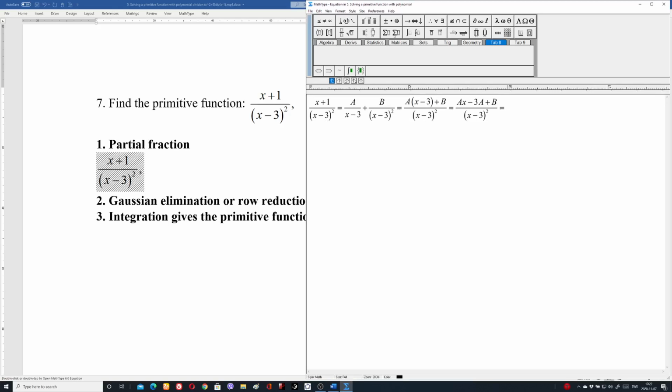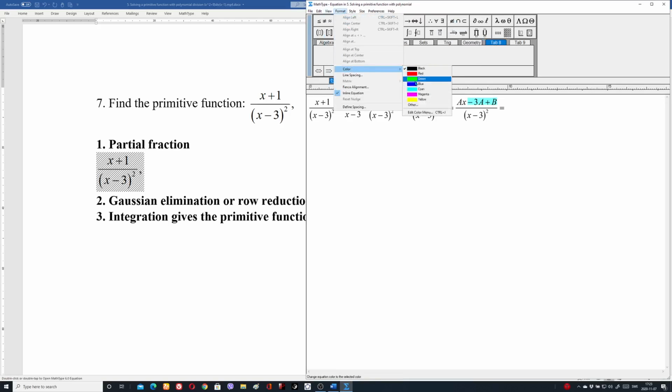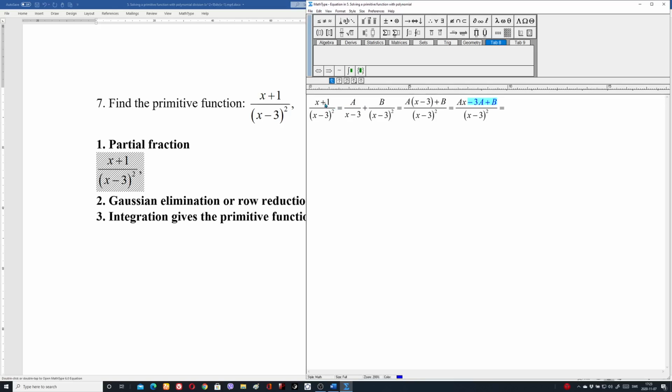Okay, so now we have a, let me change this color here. I will put this color here, and I will put this color here for this one here.